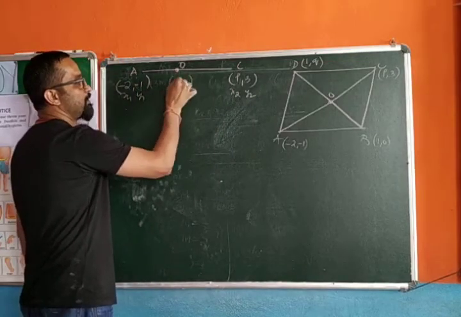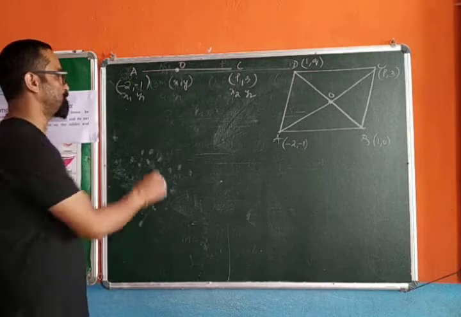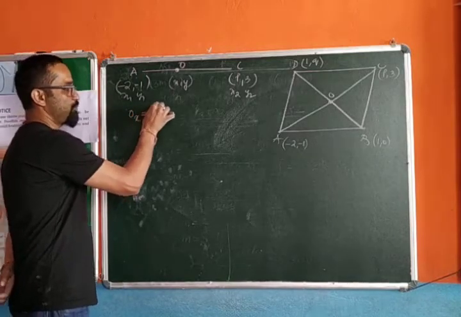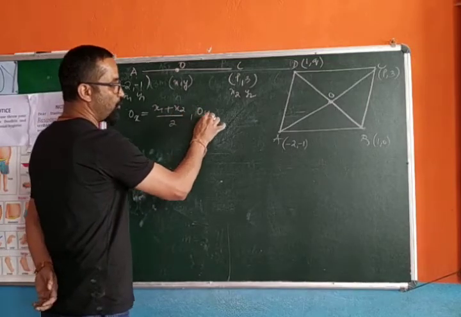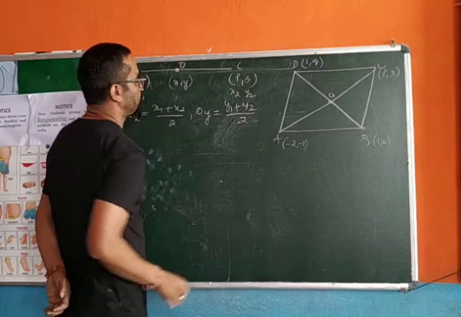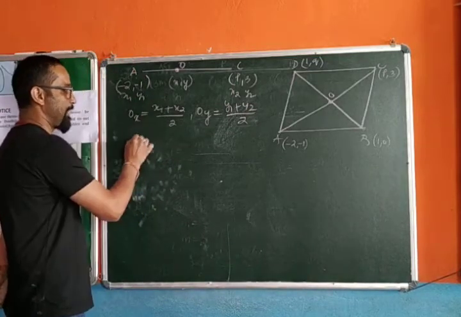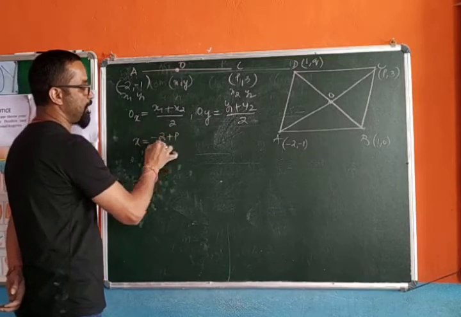Since O is the midpoint of AC, we use the midpoint formula. Ox equals x1 plus x2 divided by 2, and Oy equals y1 plus y2 divided by 2. Ox is (-2 + p) divided by 2.